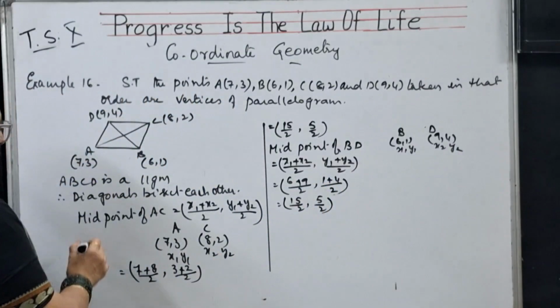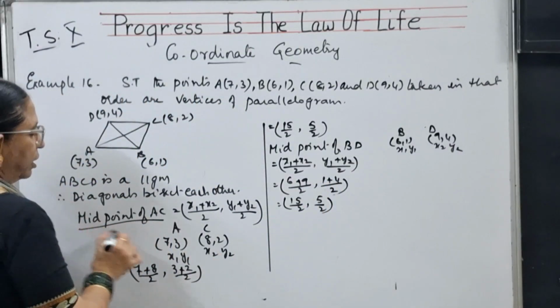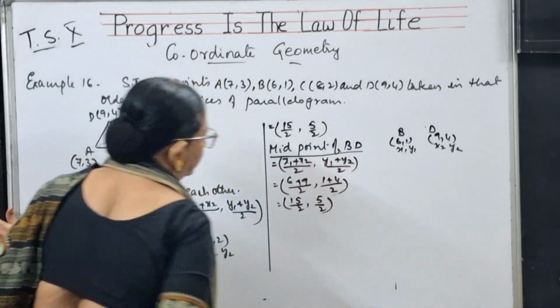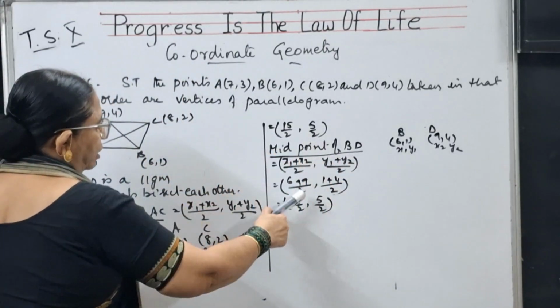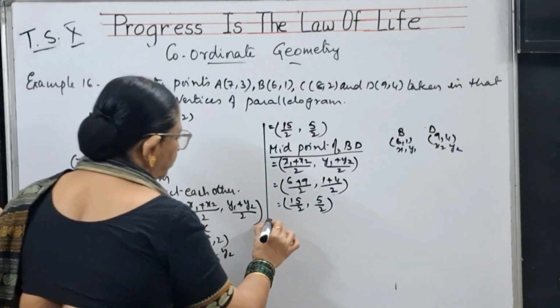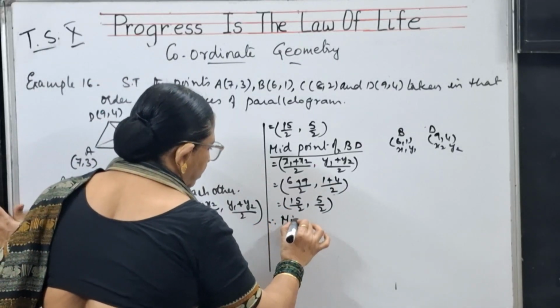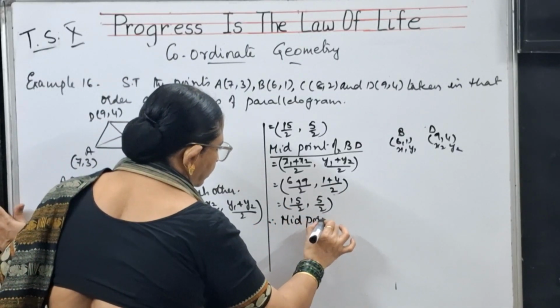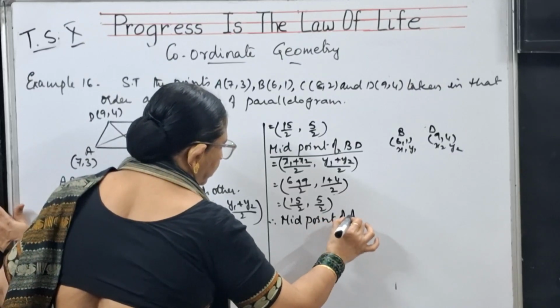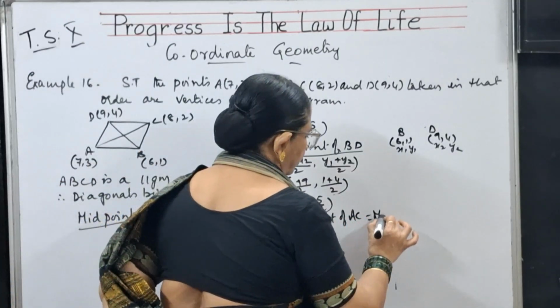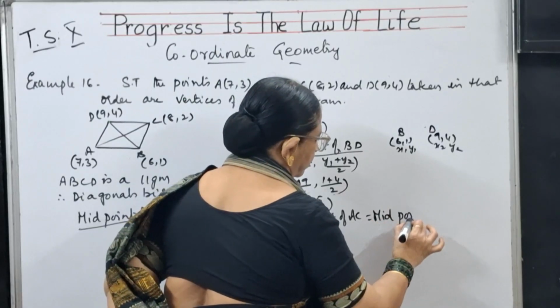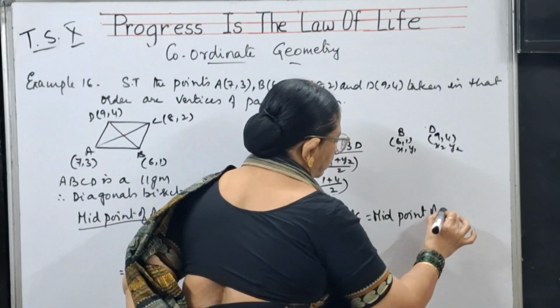So you see, the midpoint of AC and the midpoint of BD, both of them are the same, 15 by 2 I got here, 15 by 2. Therefore, the midpoint of AC is equal to the midpoint of BD.